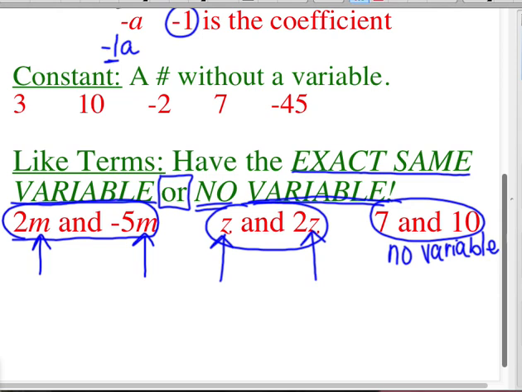It's like they have the same last name. They belong together. And once you can identify the like terms, you have to combine them and put them together. And then you have to rewrite your expression. So we aren't really solving problems today. We're just taking problems and making them condensed, making them smaller than they started out.